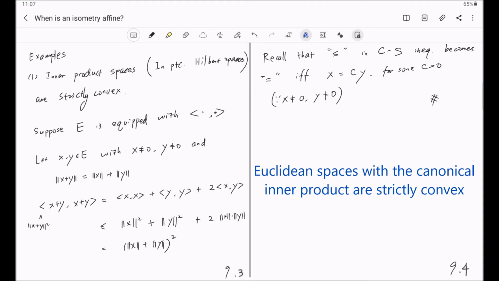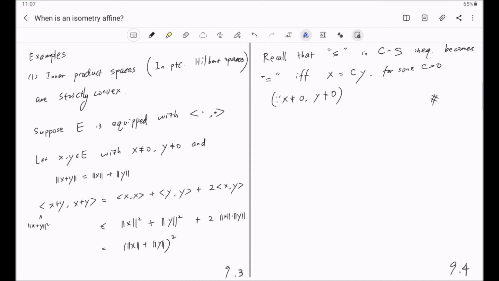What other examples do you think we could study? What are some typical normed linear spaces that you think could be strictly convex or not strictly convex? Perhaps the most important normed spaces are Lp spaces.